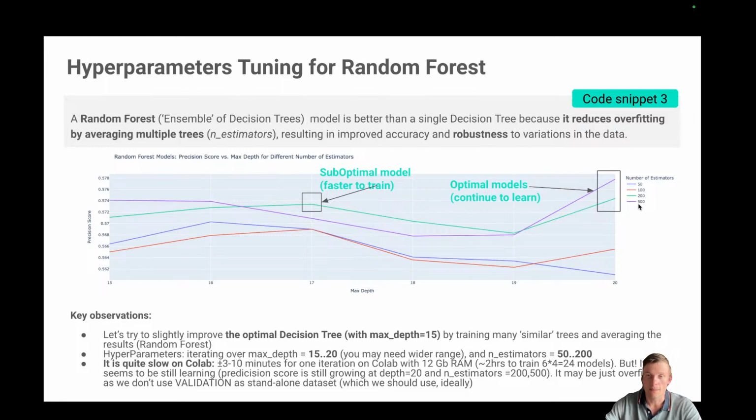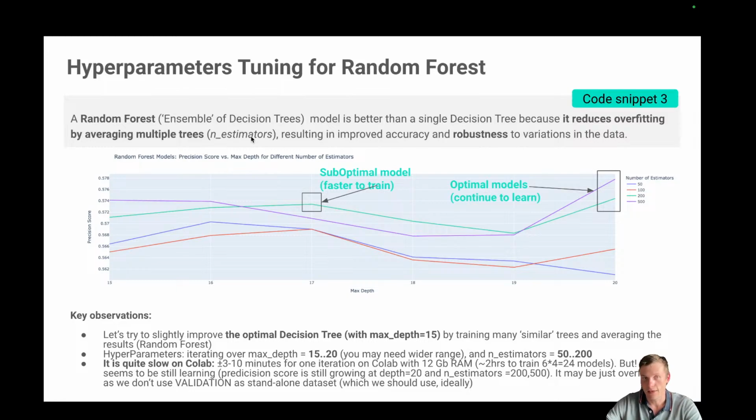And the whole idea of this model is that you can train 500 very similar decision trees of maximum depth 15 or maximum depth 17, and then combine the predictions from those trees with some function like average prediction or average probability or some other combination, and the resulting prediction will be better in many senses.